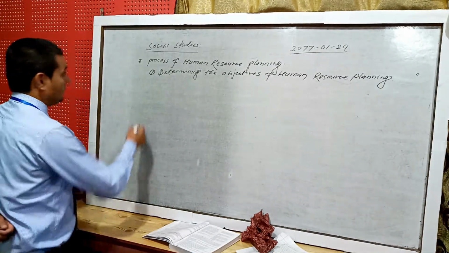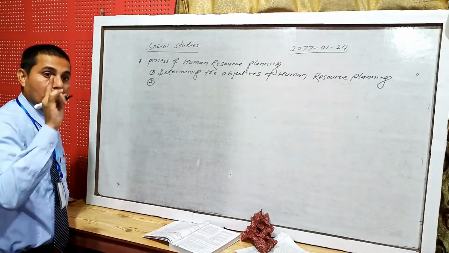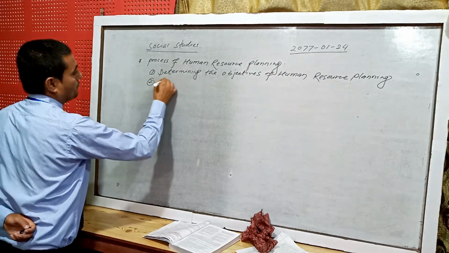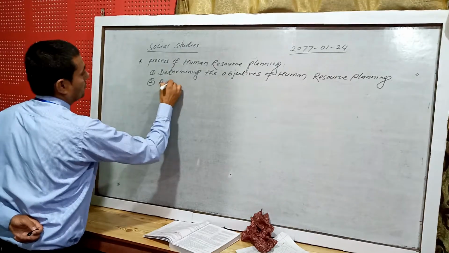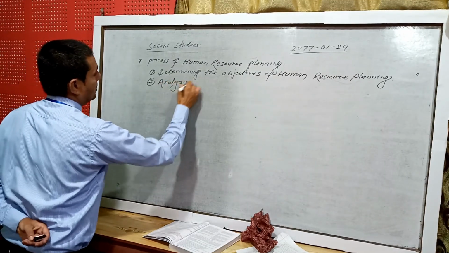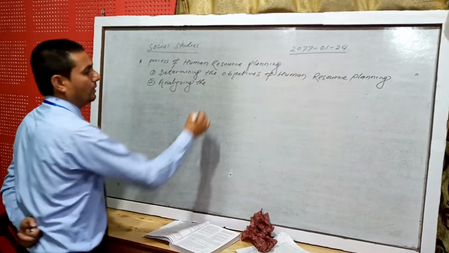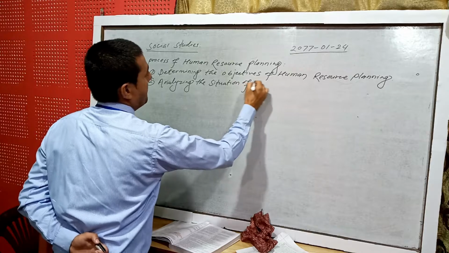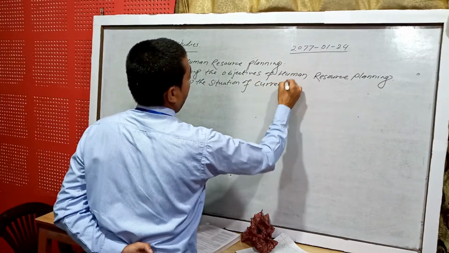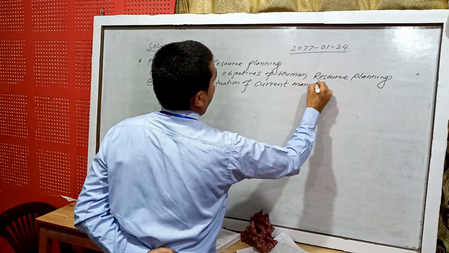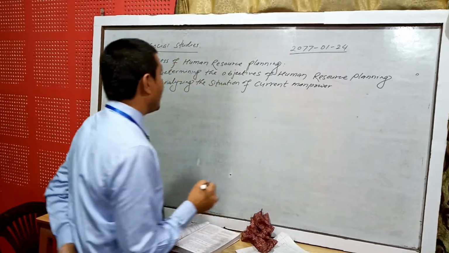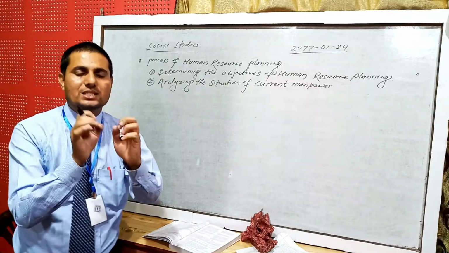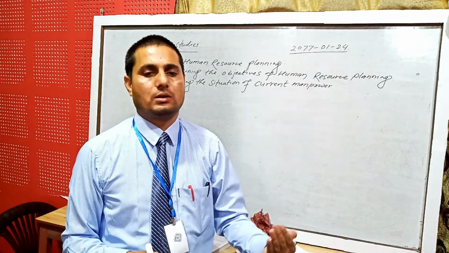Similarly, after determining the objectives, the second step or second process is analyzing the current situation of the current manpower, or analyzing the situation of the current manpower supply.